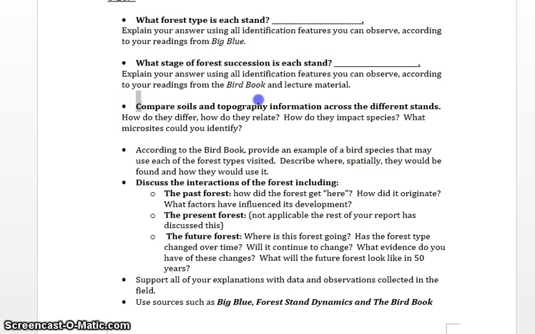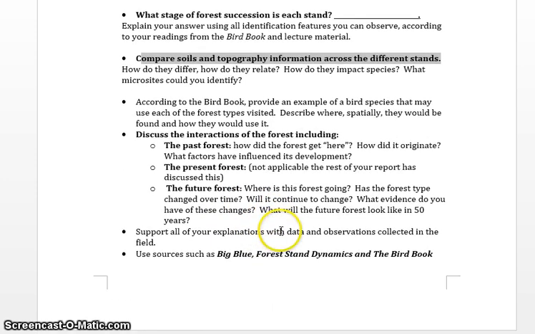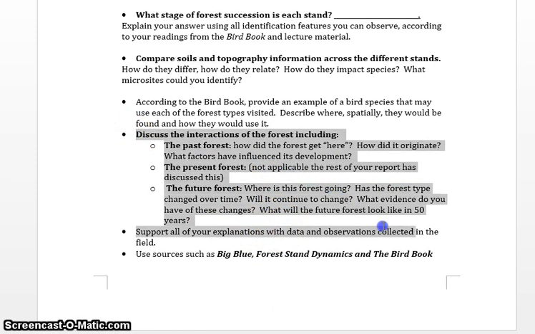Compare soils and topography information. So we're just comparing the soils and the topography to explain why the changing conditions may affect infiltration and drainage and moisture and whatnot. And this is some of the most important stuff. Why we're doing all of this.